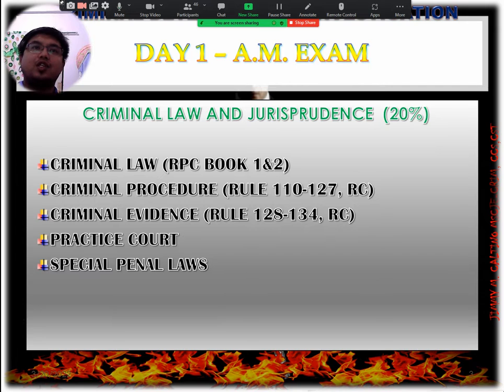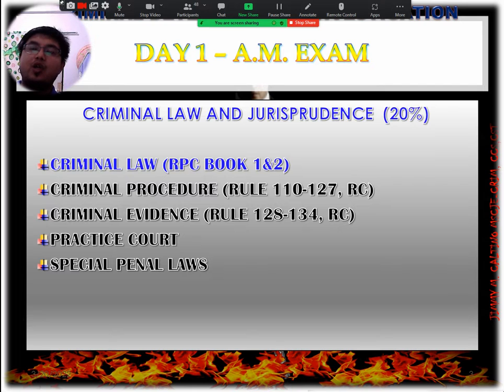For your first day of the board examination, you will be having subjects that cover criminal law and jurisprudence, which is 20% of the board examination. Included here are criminal law book 1 and then book 2.